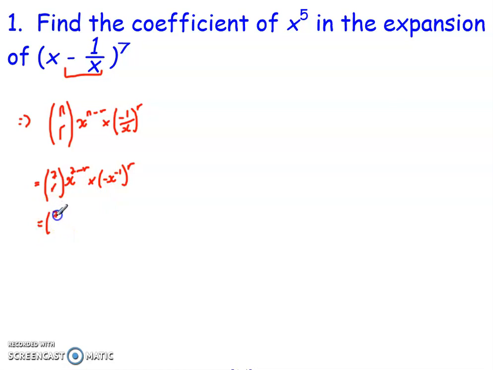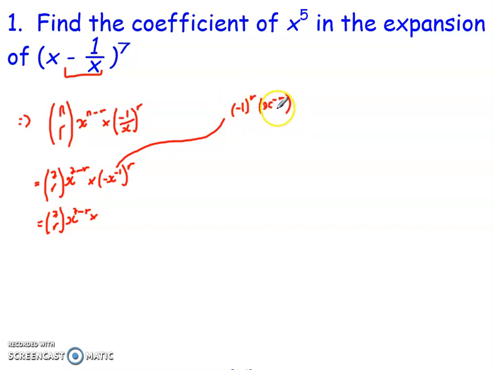So I then get 7Cr x to the 7 minus r times, and one thing I'm going to tell you is, your negative x to the negative 1, I want to split that and do negative 1 to the r times x to the negative r. I want to expand that whole thing out there.